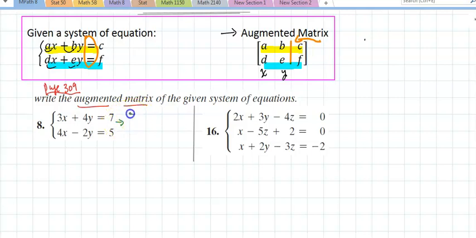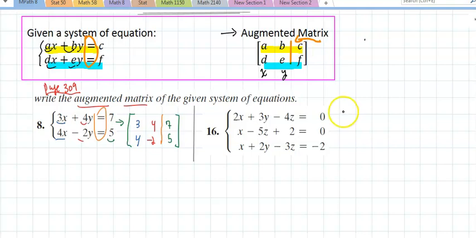So we would use the matrix notation. For the equal sign, we will put a line, and we simply copy down the coefficients. For the x, a 3 and a 4. For the y, a 4 and a negative 2. And for the constants, a 7 and a 5. And that's pretty much it.